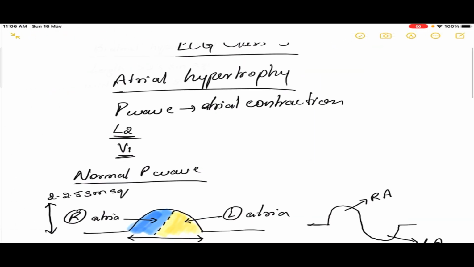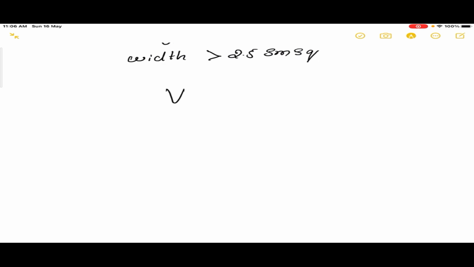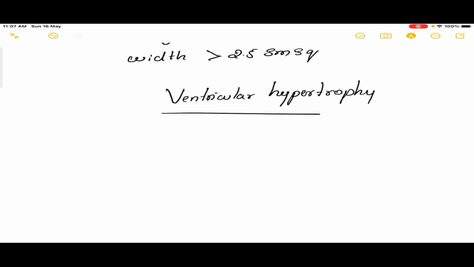We are finished with atrial hypertrophy. Now let's study ventricular hypertrophy. To study ventricular hypertrophy, we have to study the QRS complex, which is nothing but ventricular activity.